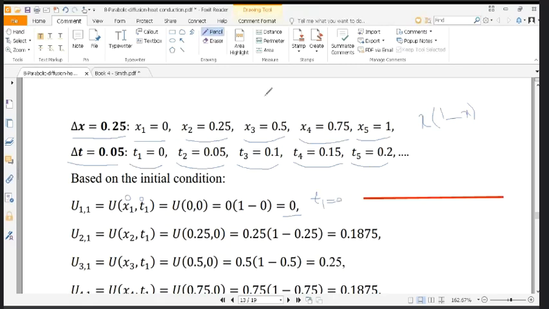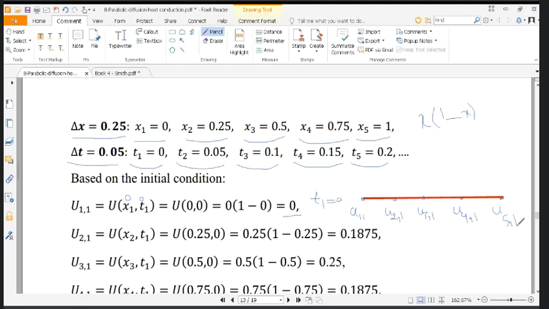We are at the initial step, and for this initial step we have 5 points. For the first point, u1 and 1. For the next point, u2 and 1. Next, u3 and 1. Then u4 and 1. And for the end point, u5 and 1.